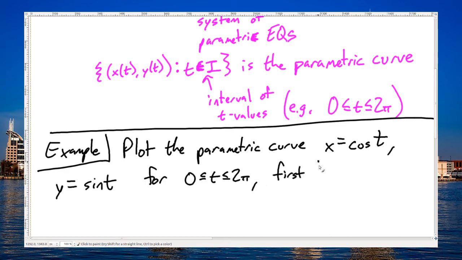We're going to do that first by using a chart, and instead of a chart of just xy values, we're going to have txy values.